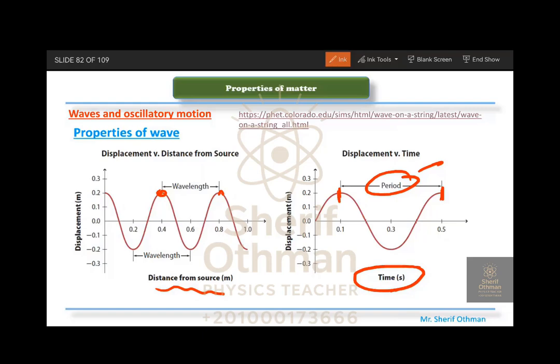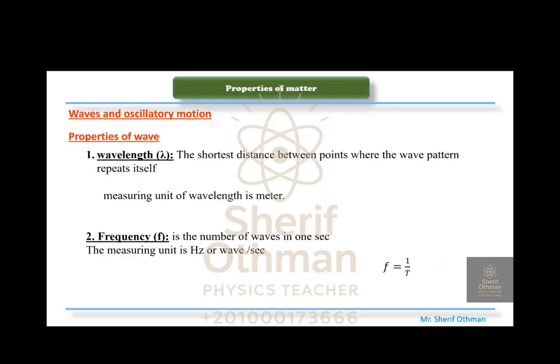The distance from the rest point to the maximum point, the maximum displacement, is called amplitude. So guys, the wavelength is the shortest distance between 2 points where the wave pattern repeats itself. The wavelength has a measuring unit of meter, while frequency is the number of waves in 1 second and has a measuring unit of hertz.